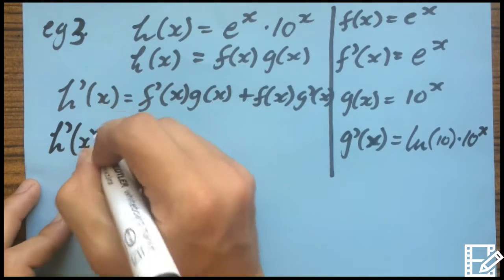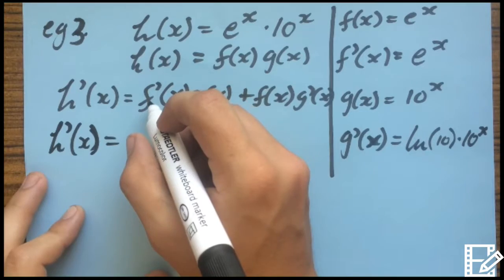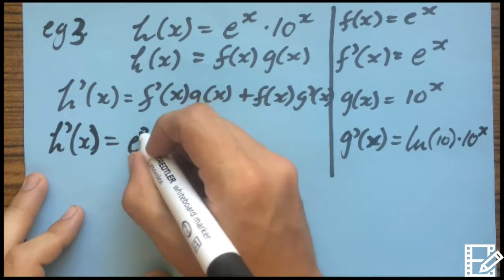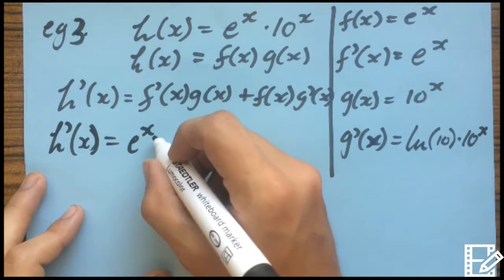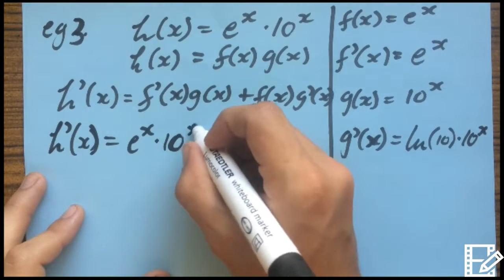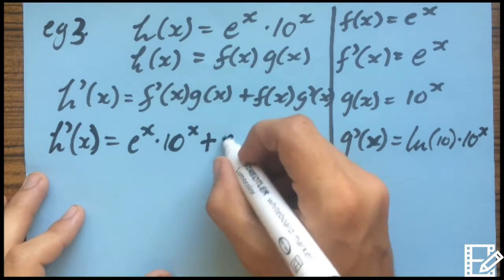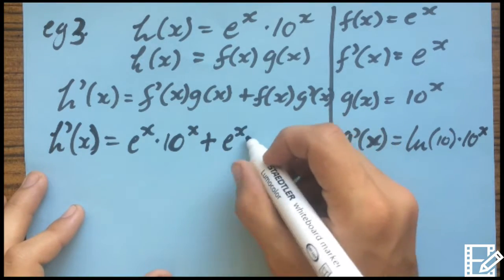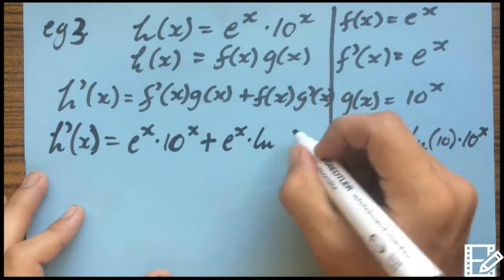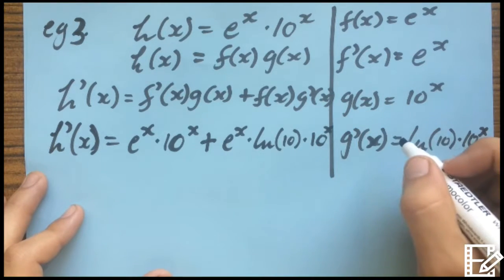And if we input these values, derivative of f(x), e to the power of x, multiplied by g(x), 10 to the power of x, plus f(x), e to the power of x, multiplied by ln 10, multiplied by 10 to the power of x.